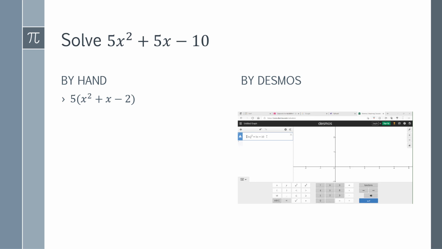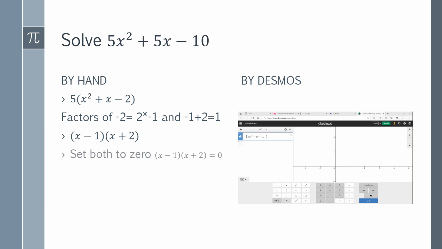And then from there, you guys, I factored it like I would normally. Set both to 0. And that's how I solve for them.